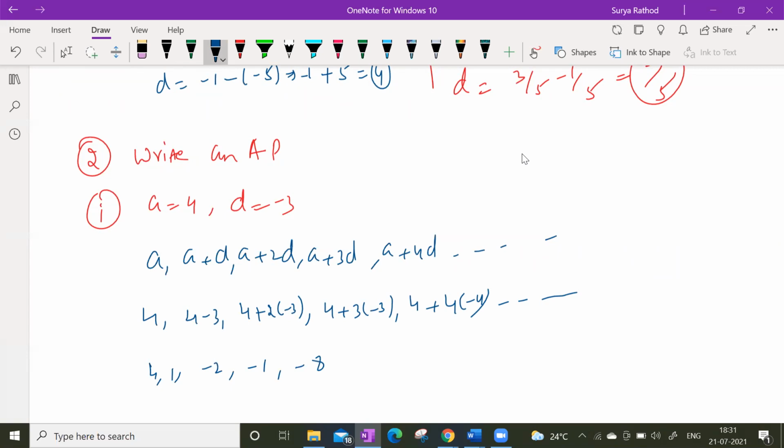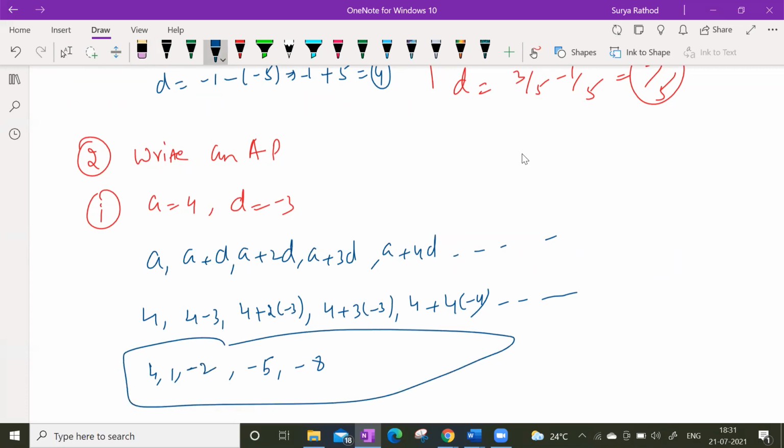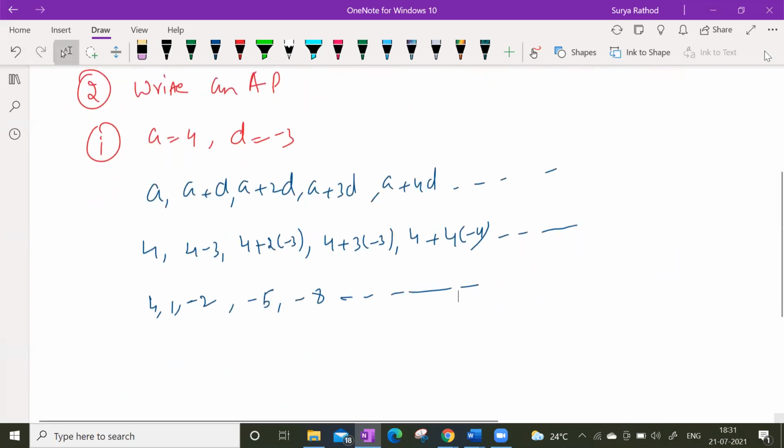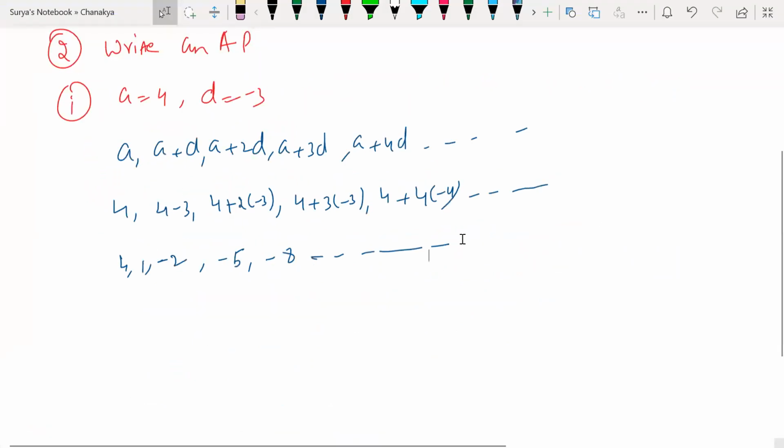So this is my arithmetic progression, and it goes on. Clear? Any doubts here? So when he is given first term and common difference, you can write the arithmetic progression clearly. Yes or no? Is it clear with everyone? Yes, sir. You can write other terms as well. That was a simple question.